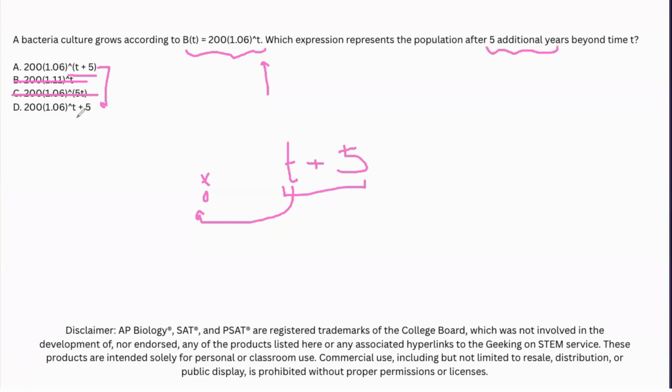One has parentheses and one doesn't. Remember PEMDAS, which means that by default, we'll take a look at this as to the T power and then just adding 5 to the total, which we don't want. We want to evaluate the time and add 5 years to that. Because of this, A would be the correct answer.